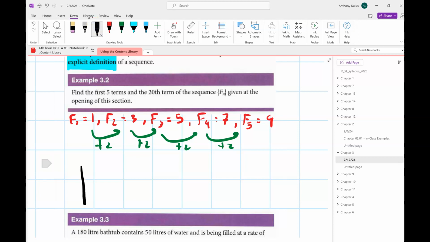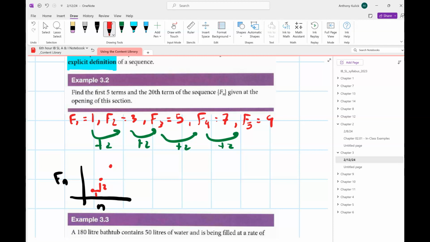What if we just pretended this was like a function and we plotted this, where I have n and then f of n. So I have like 1, 1, and then I have 2, 3, and then I have 3, 5. It's not exponential. Looks like a straight line, right? It's going to be linear. So we're going 1 over and then 2 up each time, right? What does that look like to you guys?